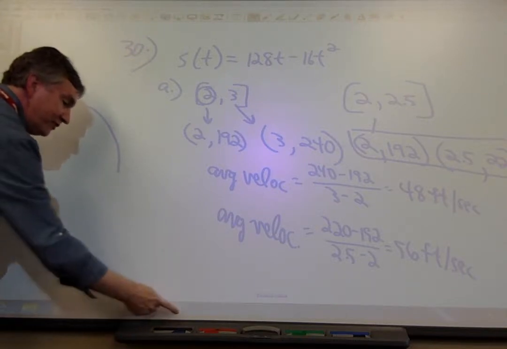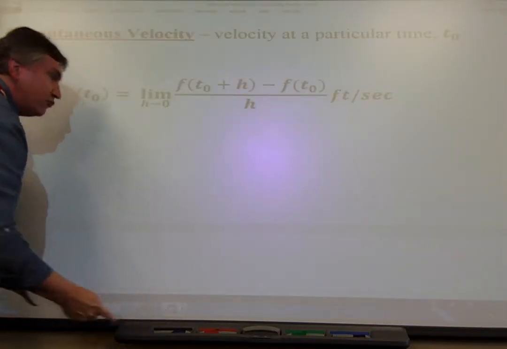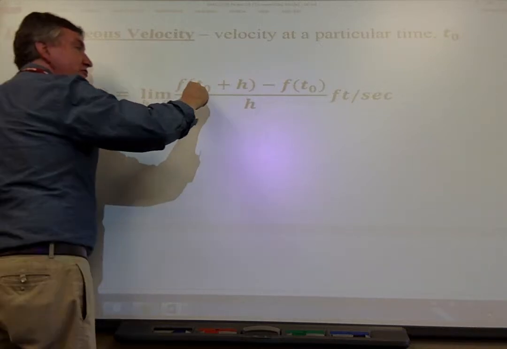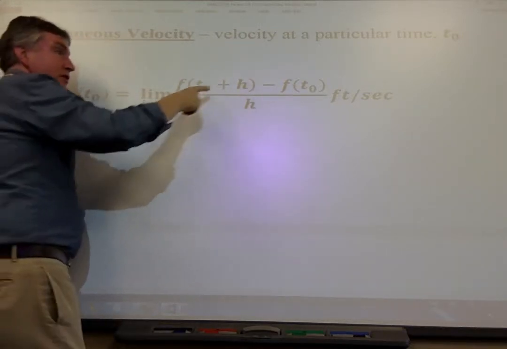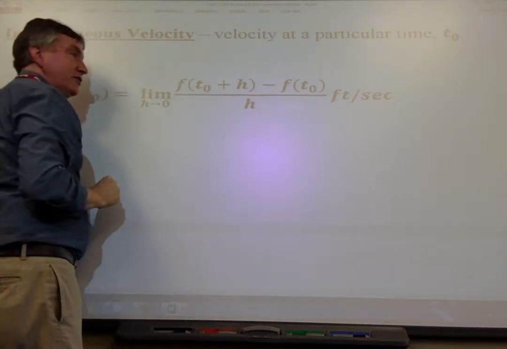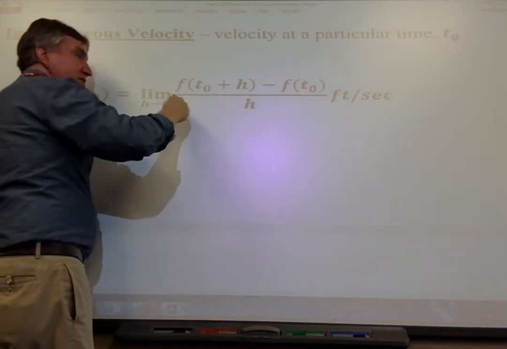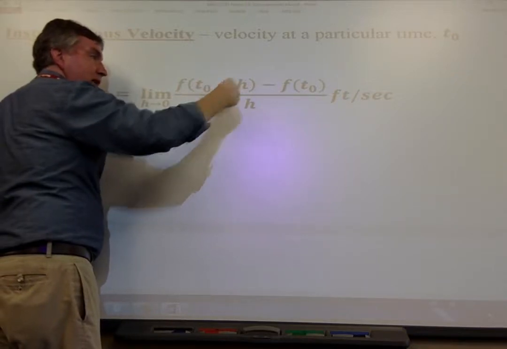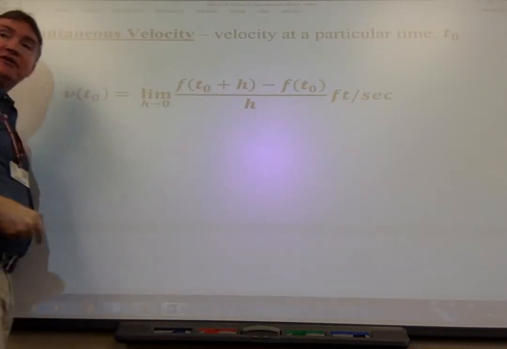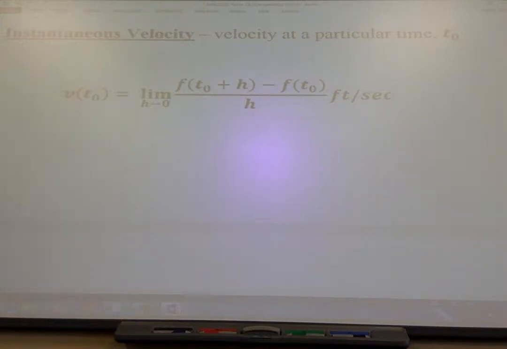That's where this comes from. Because what I would have, if you look at that formula again, f of t0 plus that little number h that's going to 0 minus f of t0 over t0 plus h minus t0, which just leaves the h down there. So it's still the slope formula between those 2 points that are so close together.